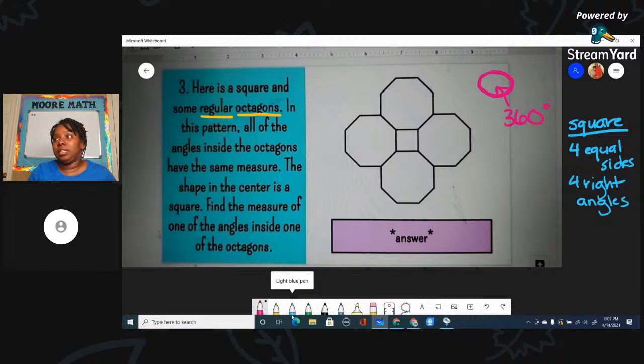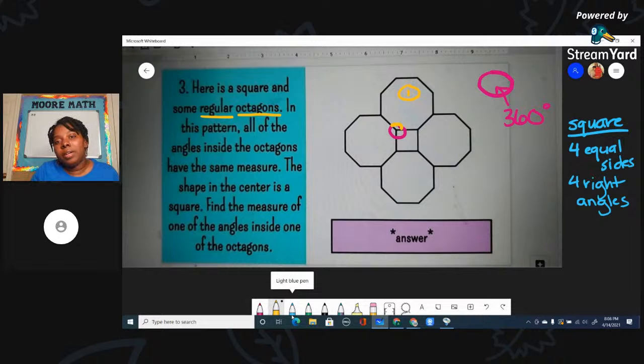Okay. So if I make a full circle, I am 360 degrees. Okay. So watch this. Look at these angles right here. So I have this angle inside this first one, I'll put a number 1 here.